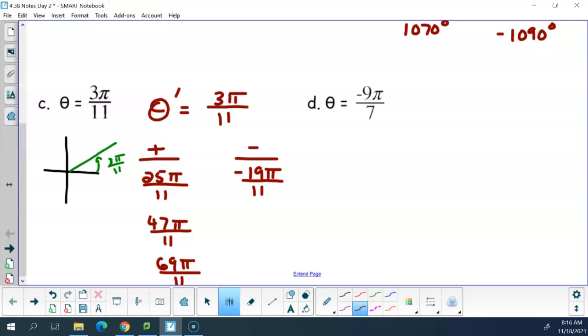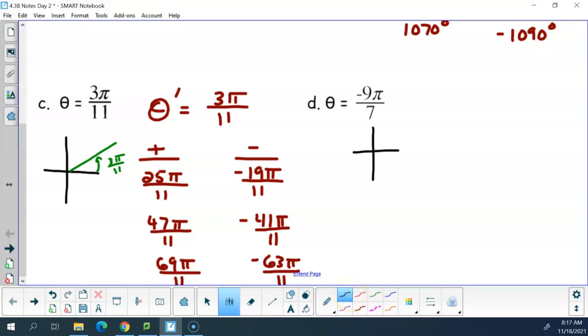Negative 19 pi over 11, negative 41 pi over 11, negative 63 pi over 11. Questions, comments, concerns on that one? No?